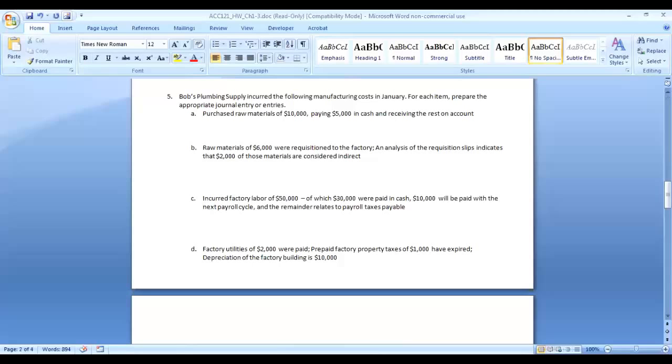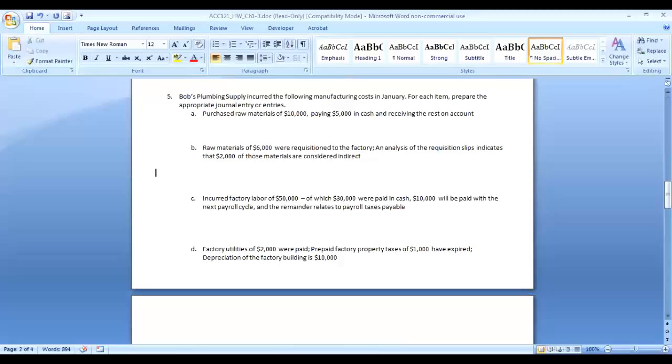So will there be a lot of need to identify the various journal entries? Yeah. In terms of percentage-wise of the problems, I'm not sure, to be honest, but it's certainly a critical component.